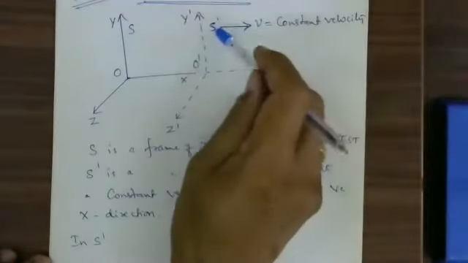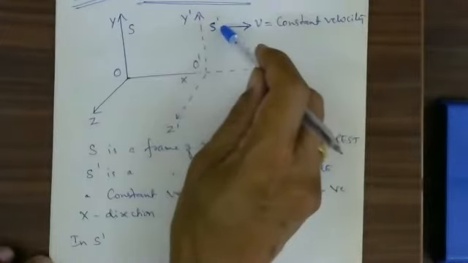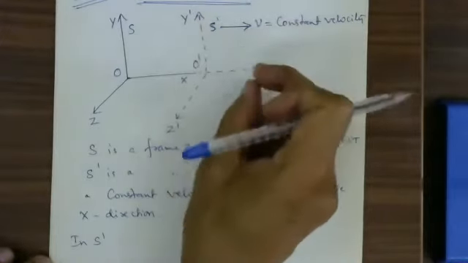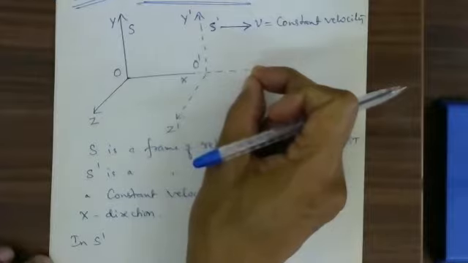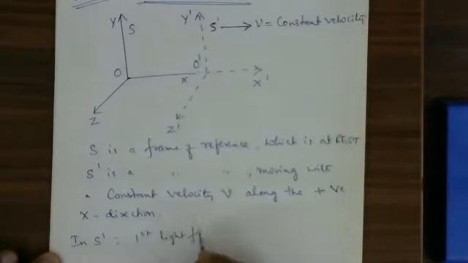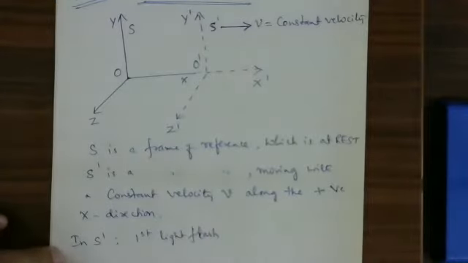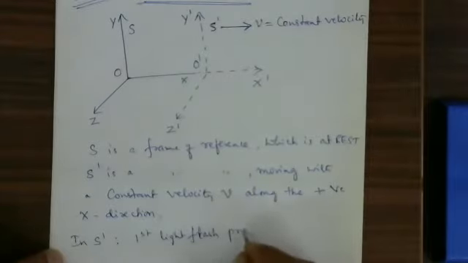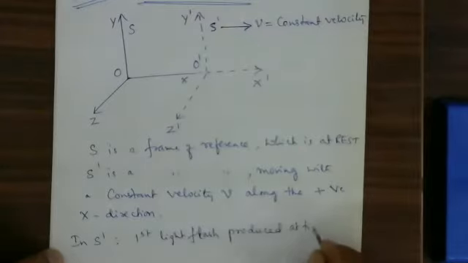I will consider S dash here. In this frame of reference S dash, there is a flash of light produced in S dash. Okay, first light flash produced at time, maybe I will consider T1 dash.